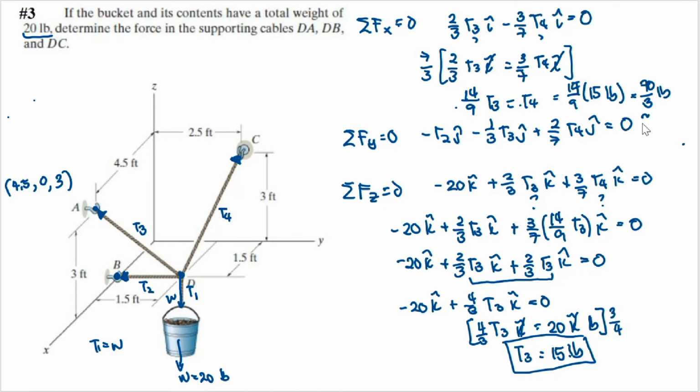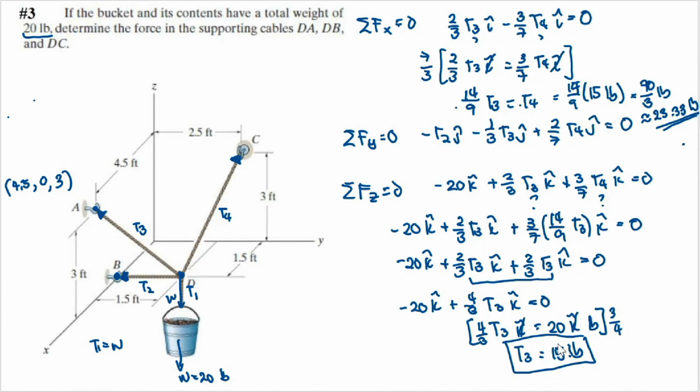Or, ano yung sinabi mo kanina? 23.33. Kung final answer ito ang ibibigay nyo sa akin sa quiz, it is 23.33. Pero since magsosolve pa tayo ng T2, we will use 70 over 3 later.